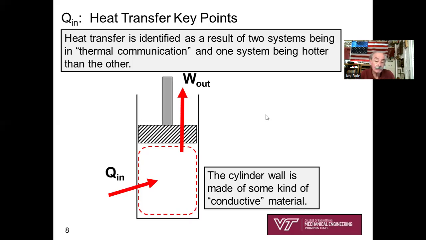And we're going to have some thermo problems where we say we have fully insulated the wall of that cylinder, with a thickness of styrofoam. That'll be an engineering method by which we prevent thermal communication. So I hope you get the idea. As drawn, this piston and cylinder wall is made up of some conductive material, and we've got heat flowing from the surroundings into the system.